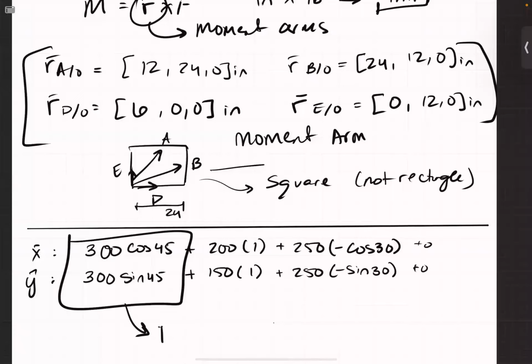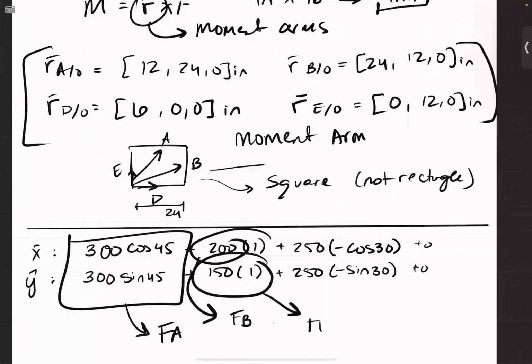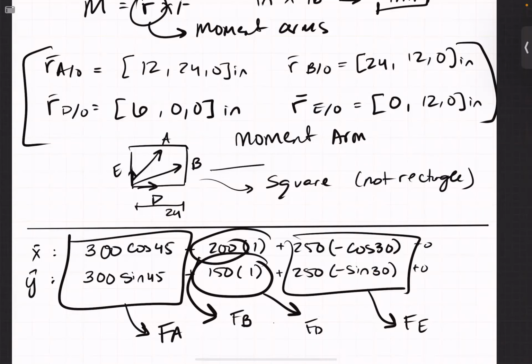This was F of A, the 200, F of B, F of D, and F of E. You can always work this backwards to make sure that you have all of your vectors in, to check.